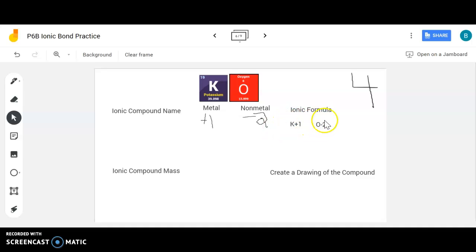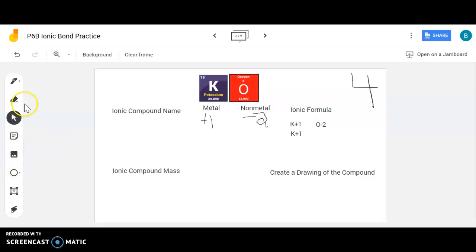Currently, you have +1 and -2. In order to balance that out, you would need some more positives, because right now it would be -1 if you just had a potassium and oxygen, one of each. So we're going to start by adding another potassium and see if we need anything else. So if I add one more potassium, now I have a +2 -2.